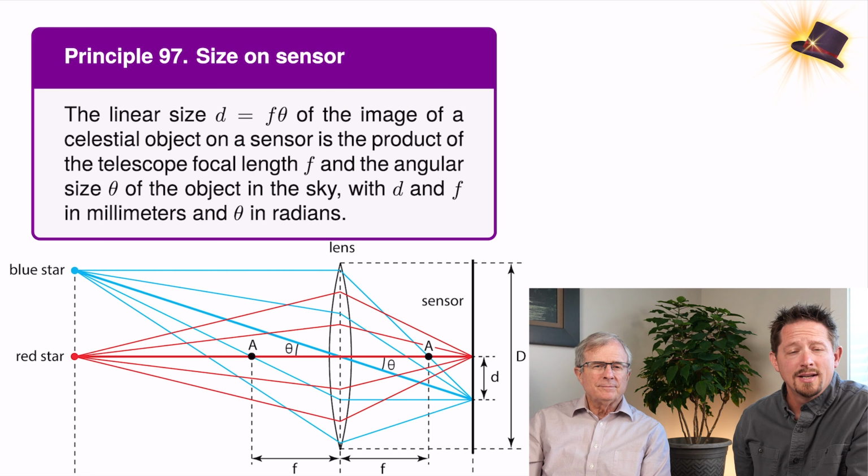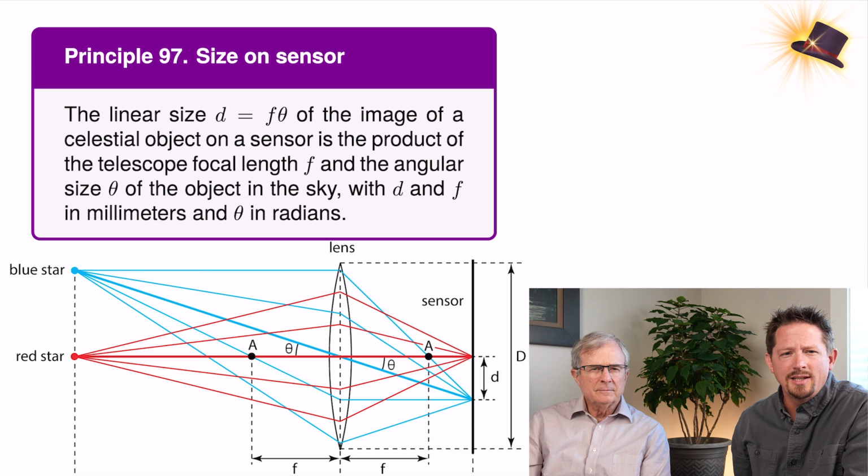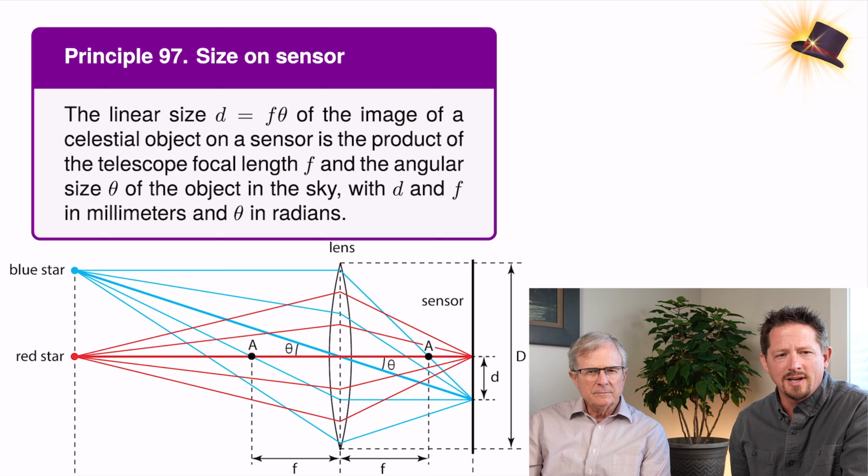Principle 97. Size on sensor. The linear size, d equals f theta, of the image of a celestial object on a sensor is the product of the telescope focal length f and the angular size theta of the object in the sky, with d and f in millimeters and theta in radians.